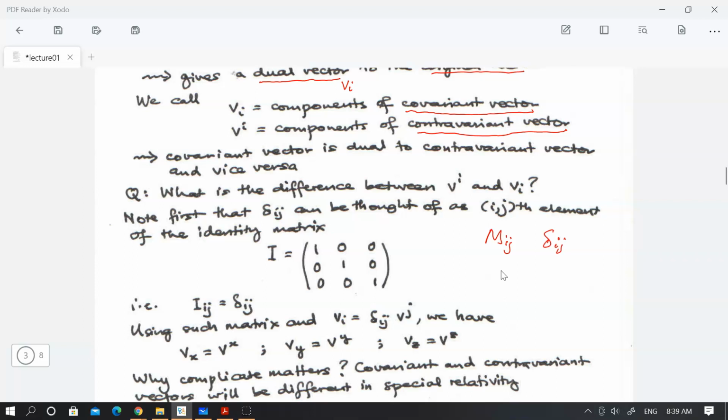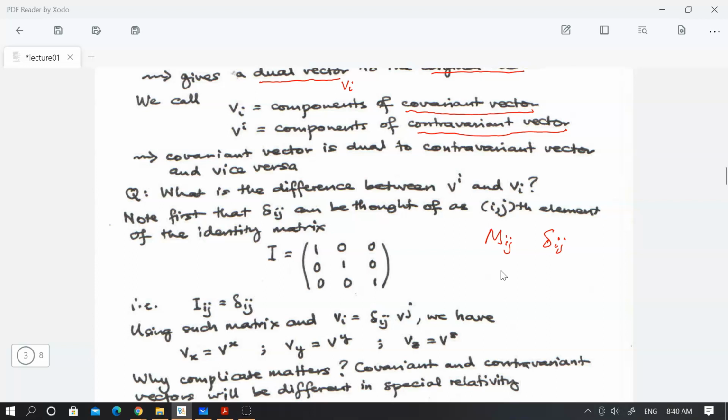If you look at how the Kronecker delta is defined, these delta ij are just the matrix elements of the identity. So when i equals j, it will give you all these 1s. When i is not equal to j, it will give you all these zeros. So in other words, delta ij can be identified with the identity.